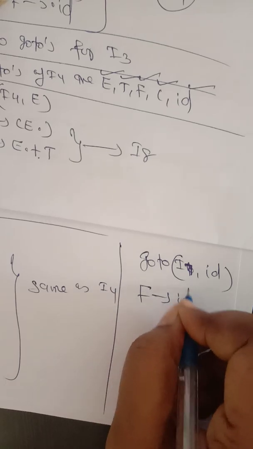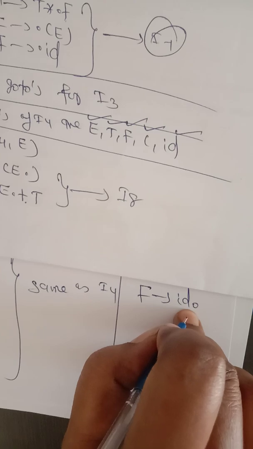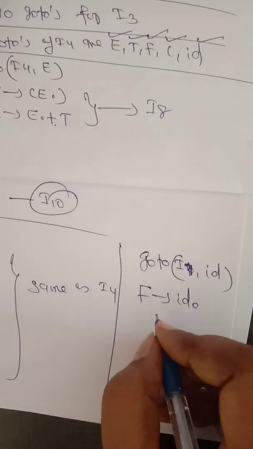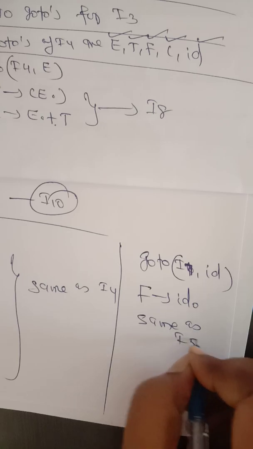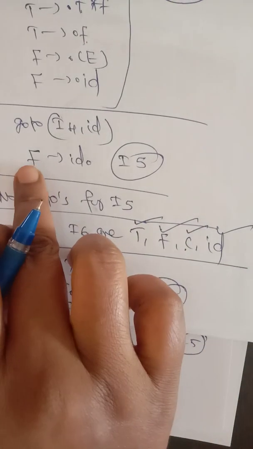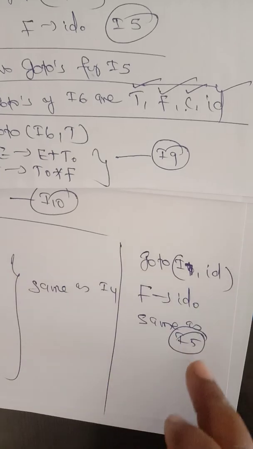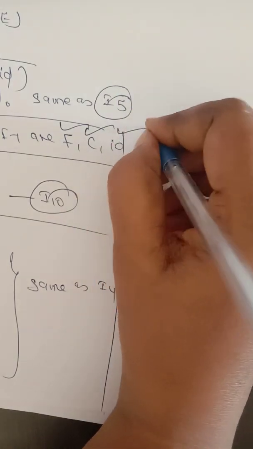Answer is ID dot. It is the same as I5. What is I5? I will show you. I5 is F → ID dot. So I7 comma ID is the same as I5. Now we apply all go tos of I7, over.